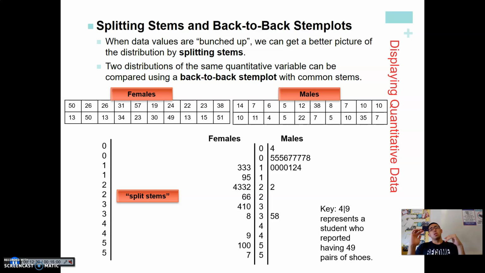The range for males is 34, and the range for females is whatever 57 minus 13 is, which is, oh my goodness, sorry, 34. That's the range. And that's how you would compare them.